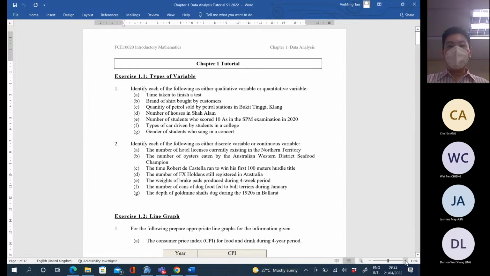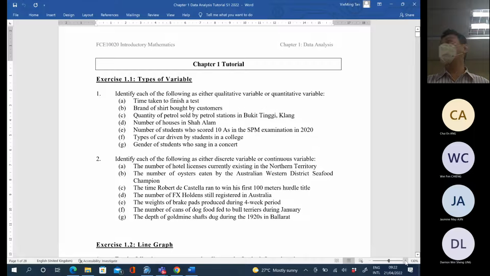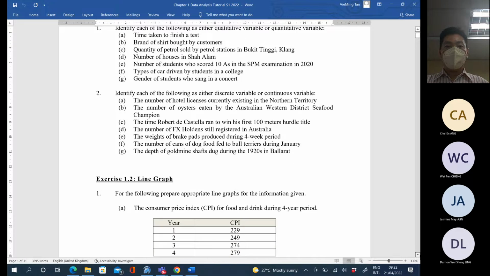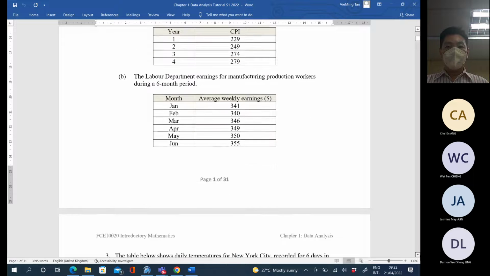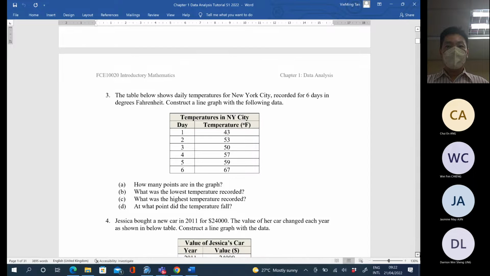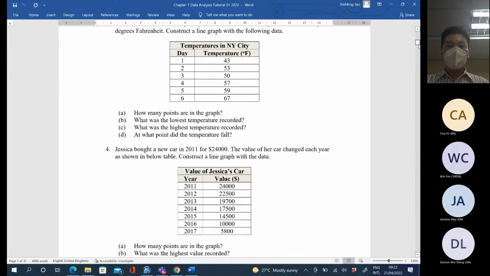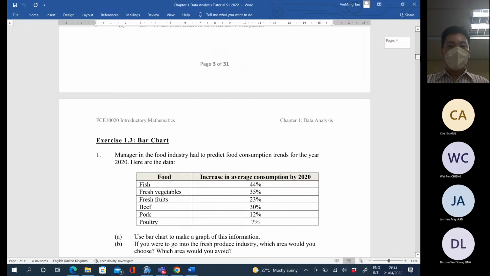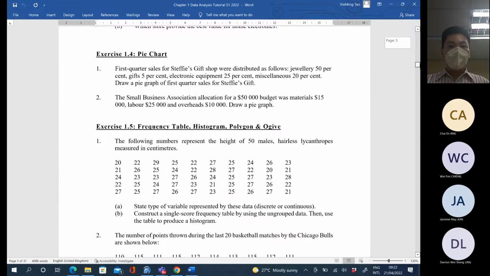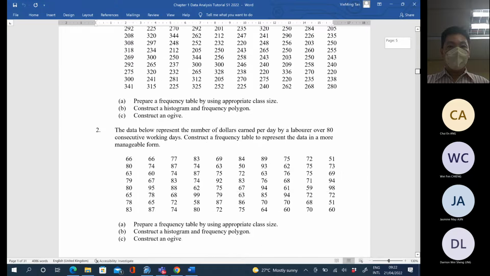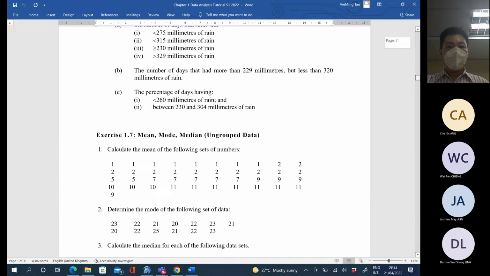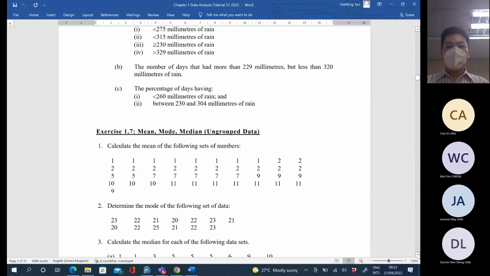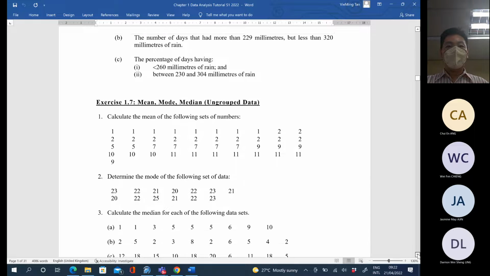Probably we can go through a few questions to discuss. After that, I'll let you do the exercises by yourself. We can pick a few questions to do. Okay, 1.7, here, this page.